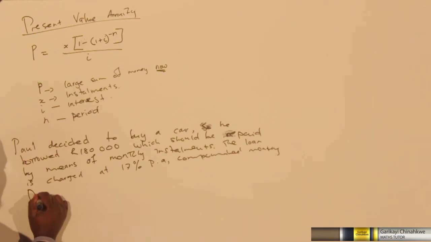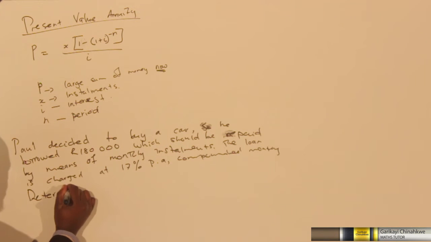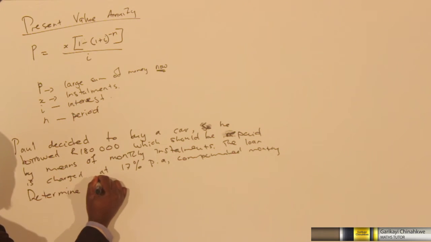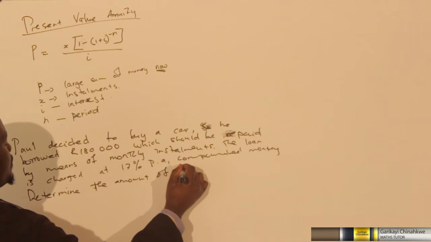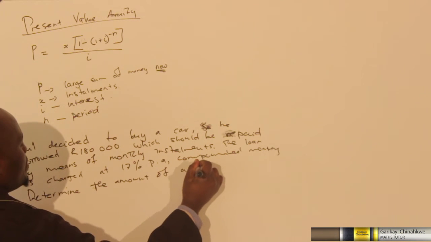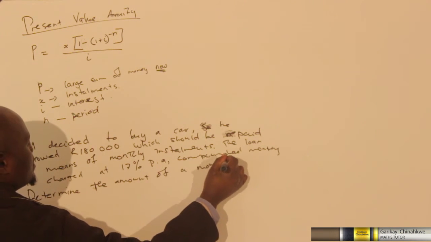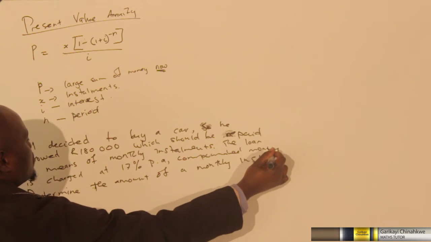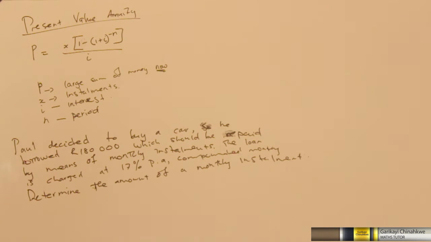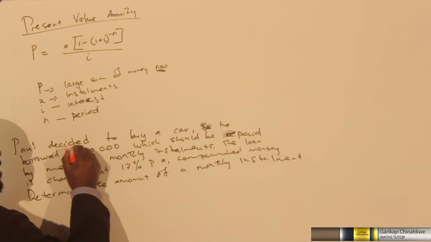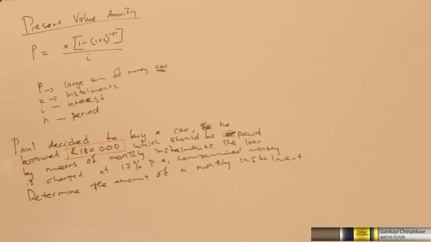So determine the amount of a monthly installment. Okay, all right. Before you do anything, I'm going to use a red marker here, whereby he borrowed 180,000. So which means he's given 180,000 now.